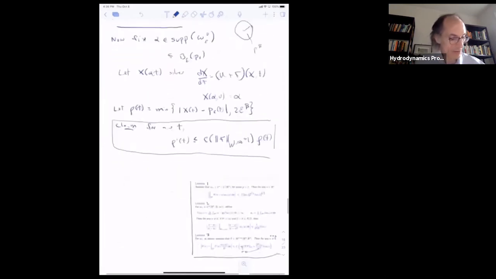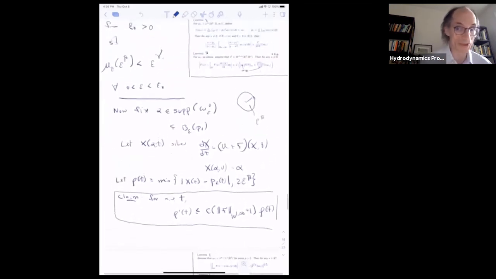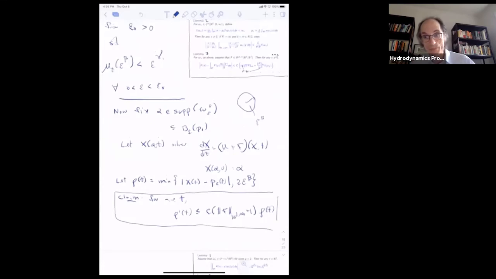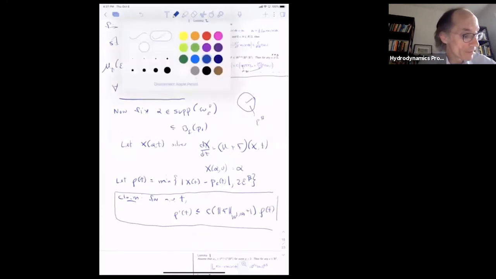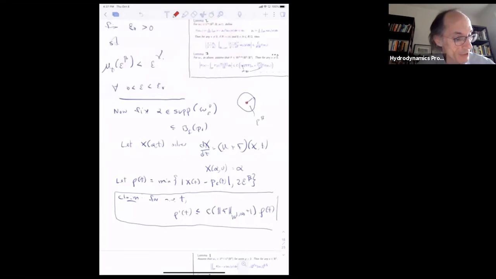And we'll use again the lemmas we proved a few days ago. Okay, and so this should follow from, well, here's what we'll do. Here's a picture. Here's the center of vorticity. And we have this point out here, x at time t. And we'll just compute. Well, so there are two cases.